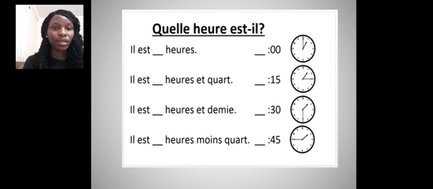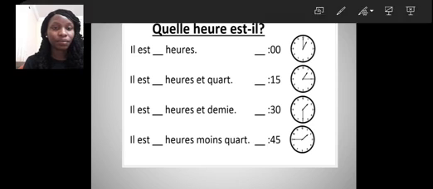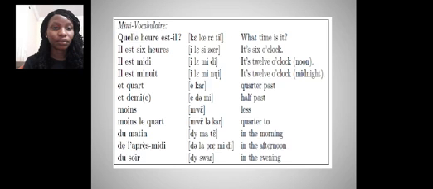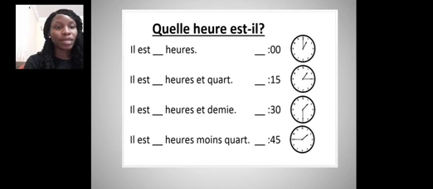Quelle heure est-il? What time is it? Okay, you're going to tell me using these diagrams on the right, the ones that show the sign of a clock there.